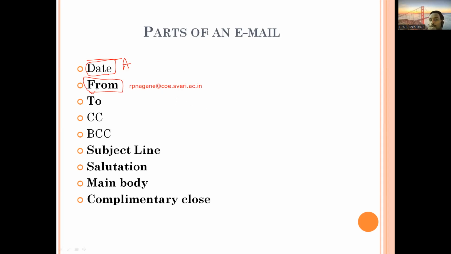Then to: the receiver to whom you are writing an email, you have to include his or her email ID. You should know it properly, otherwise it may bounce back. If the email ID is not proper, it will not be delivered to the receiver and may come back to you. Here you can include a number of receivers. It is not only one mail ID you can insert; you can send to thousands of people at a time.